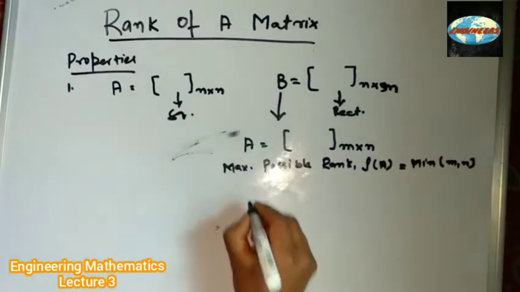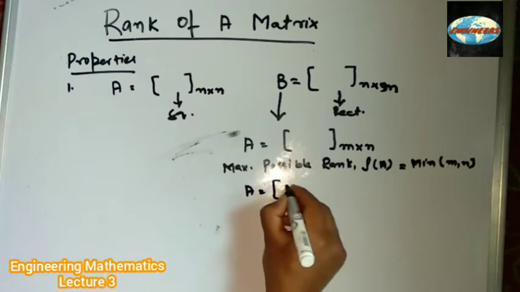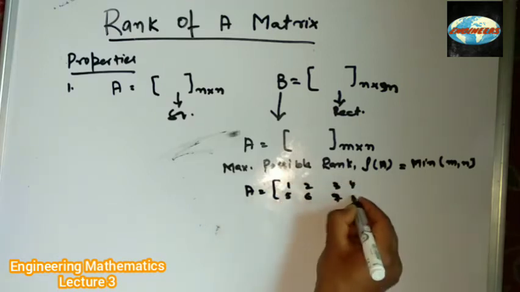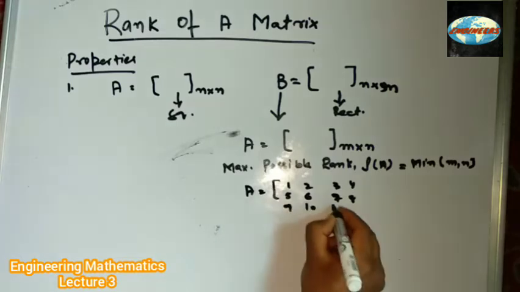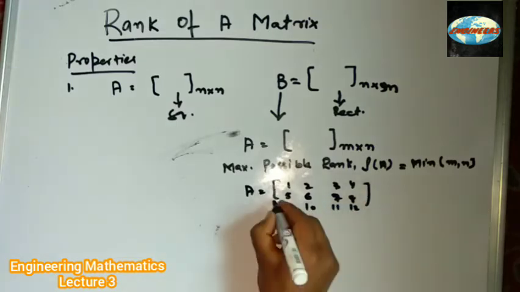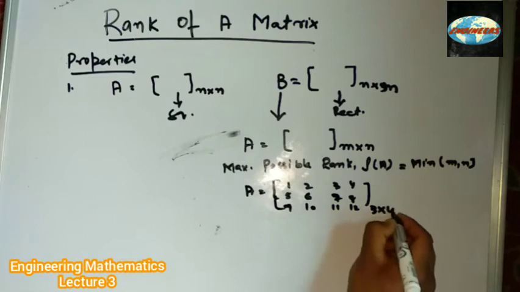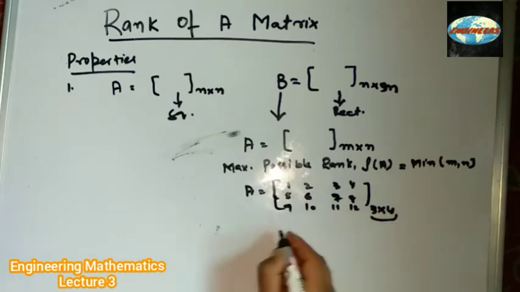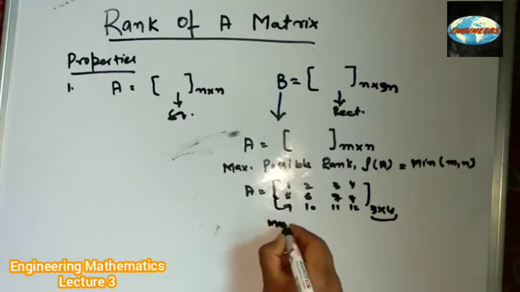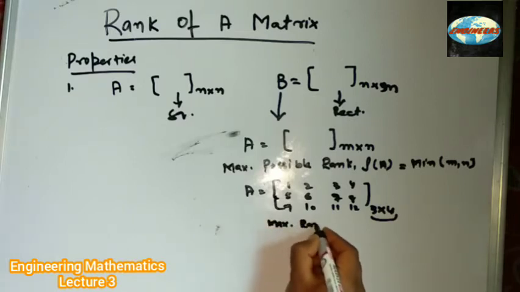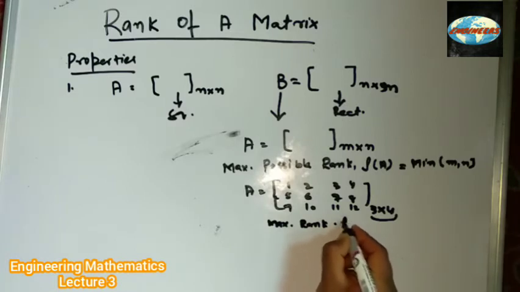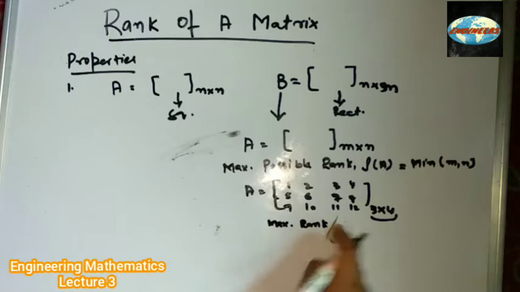That means if A is the matrix 1 2 3 4 5 6 7 8 9 10 11 12, this is of order 3 cross 4, its maximum possible rank will be the minimum of these two. So the maximum possible rank in this case will be 3, because the minimum of these two is 3.